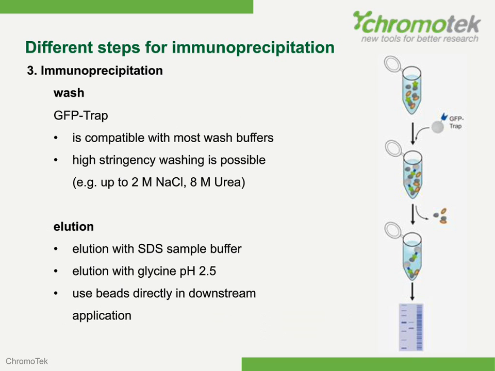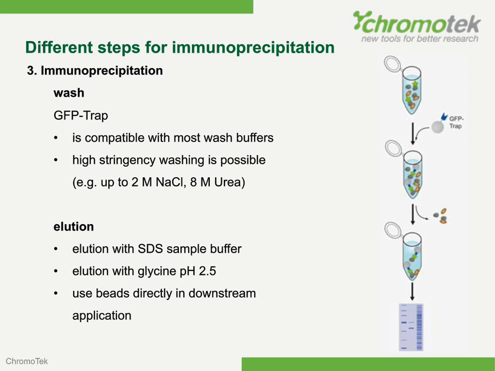So to reduce your background in your IP, we mentioned that you might have to wash with very high stringency. Using the GFP-trap, you can increase the salt concentration in your wash buffer up to 2 molar NaCl, or you can even wash with 8 molar urea if it is necessary for your downstream application.